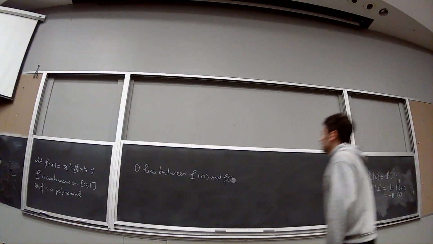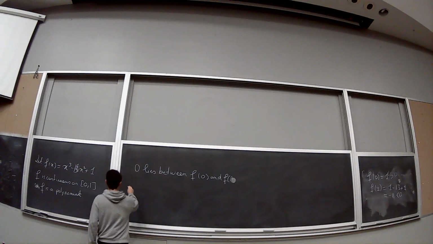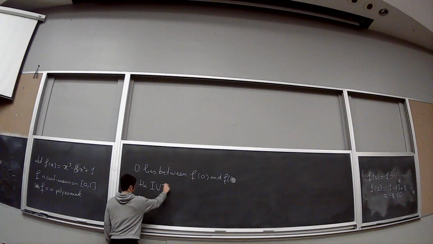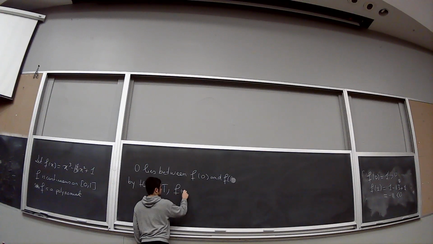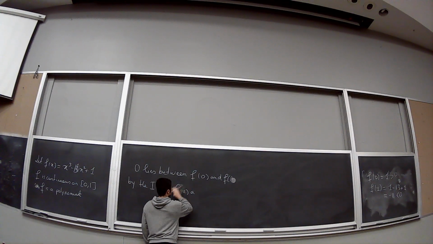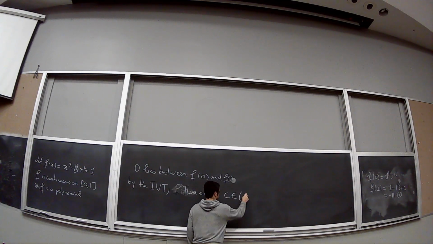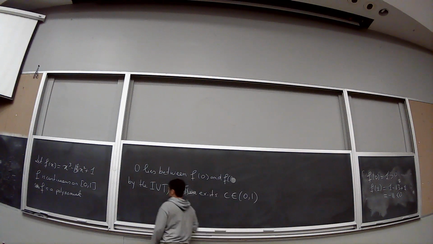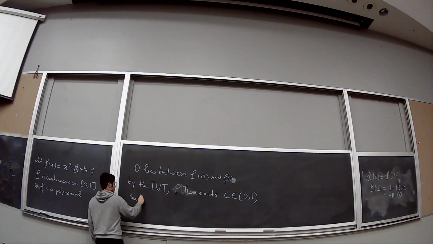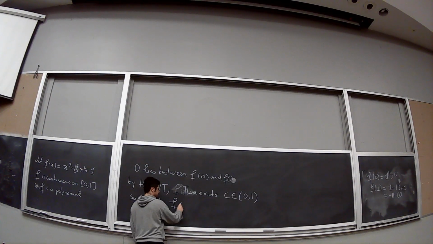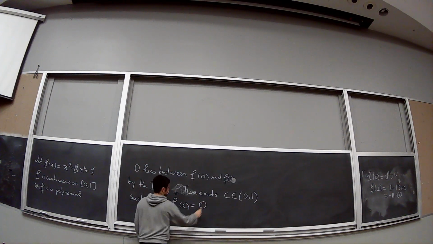By the IVT, there exists a t in [0, 1] such that f of t is equal to 0.